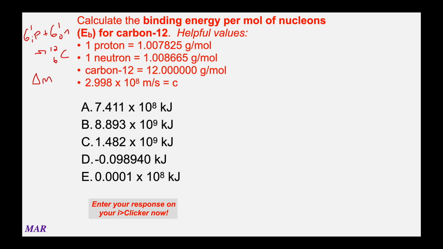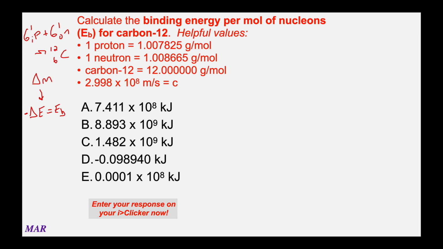Now, to figure out the energy, you need to take the mass, turn it from grams per mole into kilograms per mole, and then multiply by the speed of light squared. And that's going to give you the change in energy. And it'll initially be in something like joules per mole, and it'll be a big negative number. You can take the opposite of the delta E to find the binding energy.